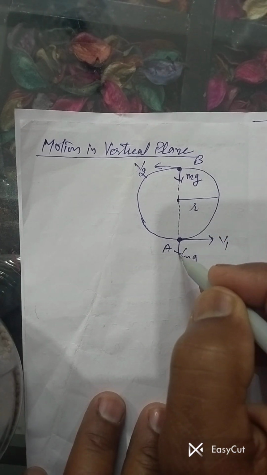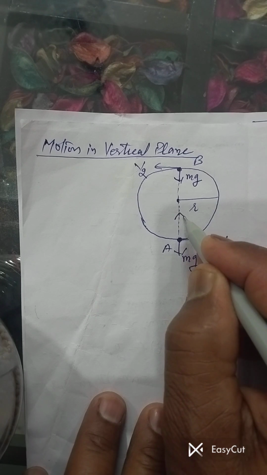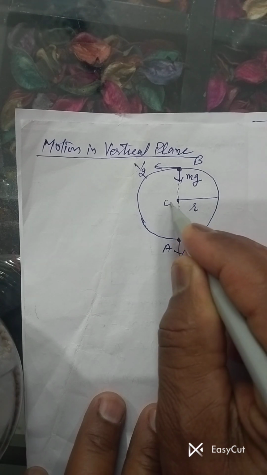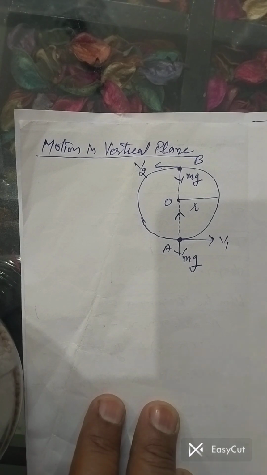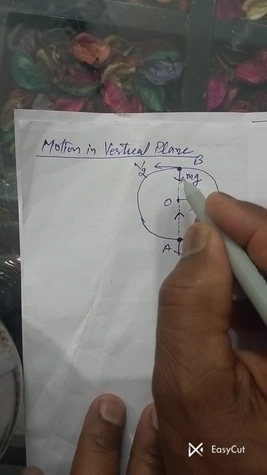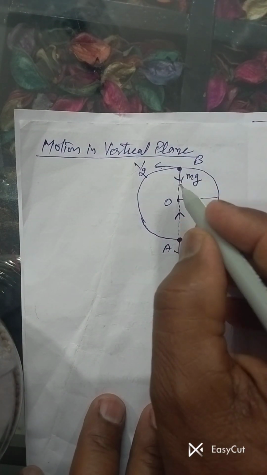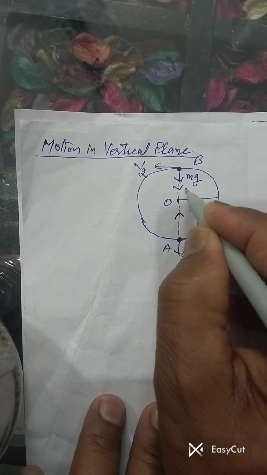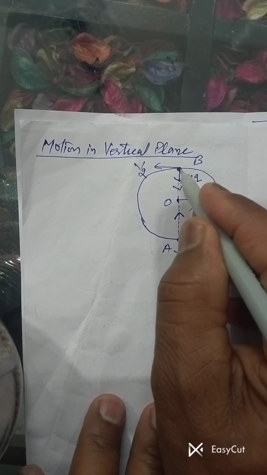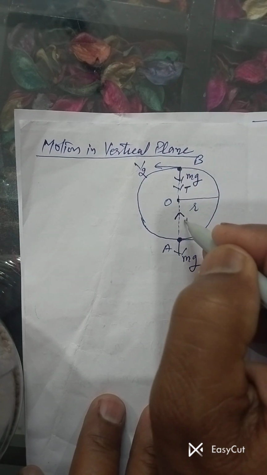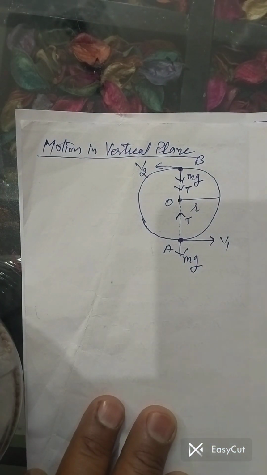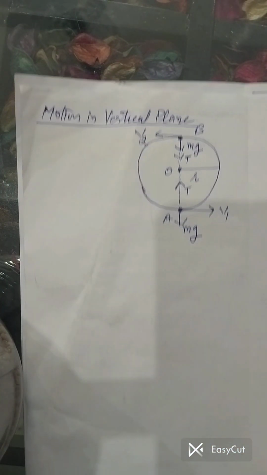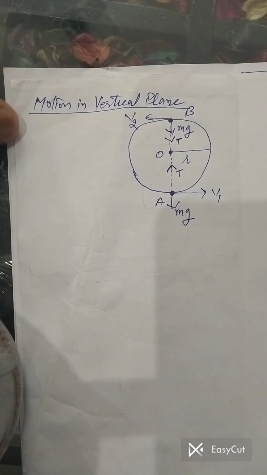So mg is in the downward direction, and tension is the force which acts towards the center of the circular path. Similarly, at point B it is also in the downward direction. T is the tension at point B and T is the tension at point A, acting towards the center of the circular path.